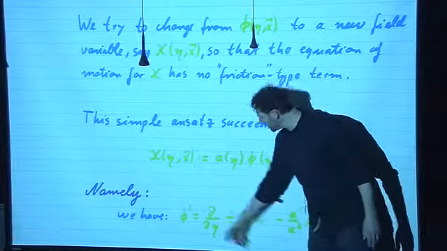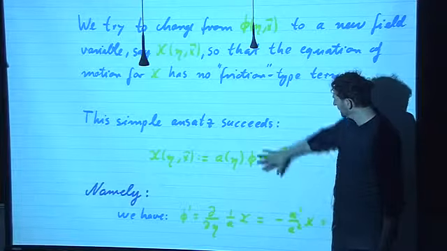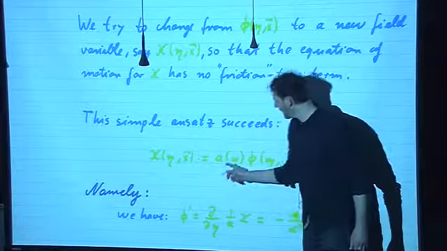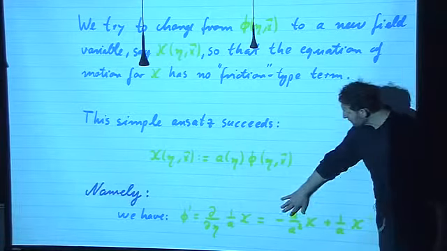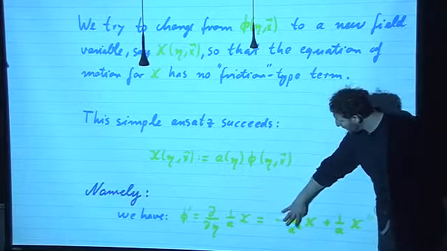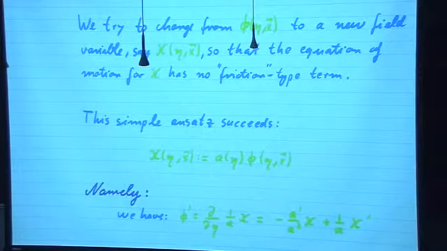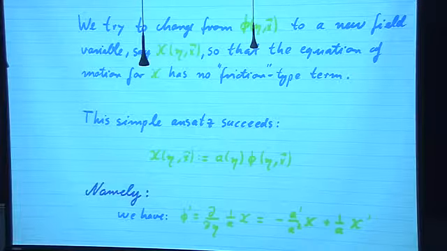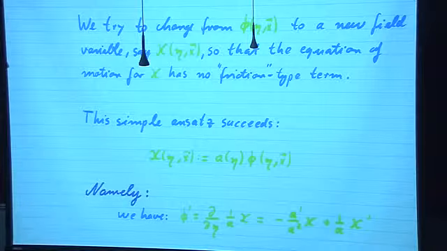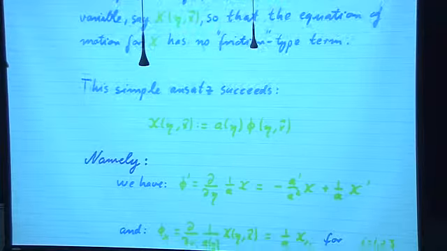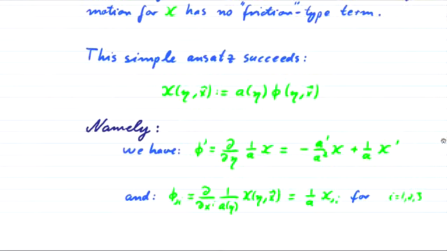It's the eta derivative of 1 over a times chi, because phi is chi over a. If we spell it out, we obtain minus a prime over a squared chi plus 1 over a chi prime. And if you play around with it, you will see that this is the key. Now, let's continue with this.